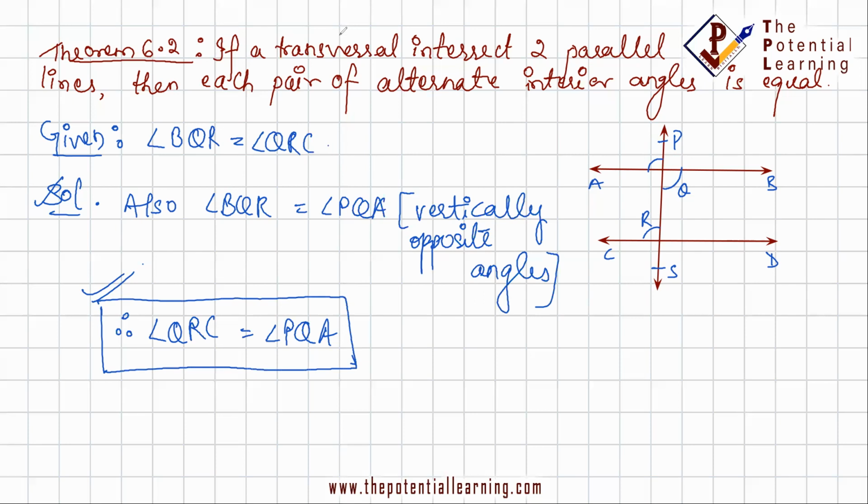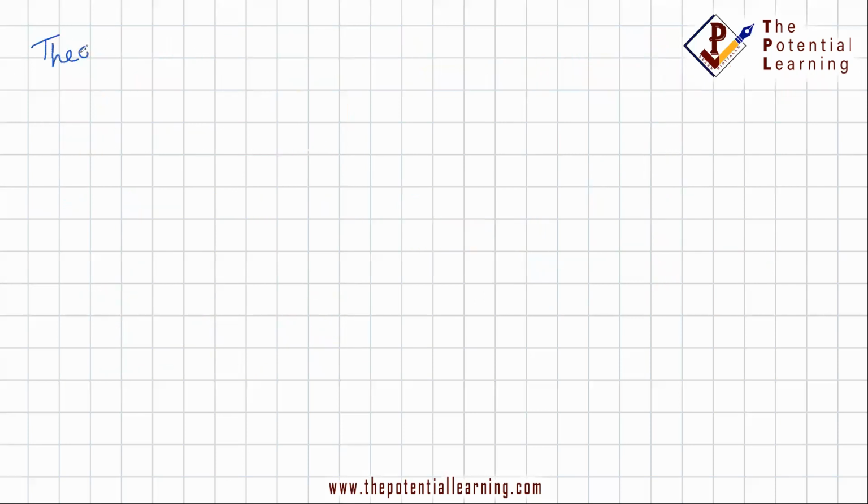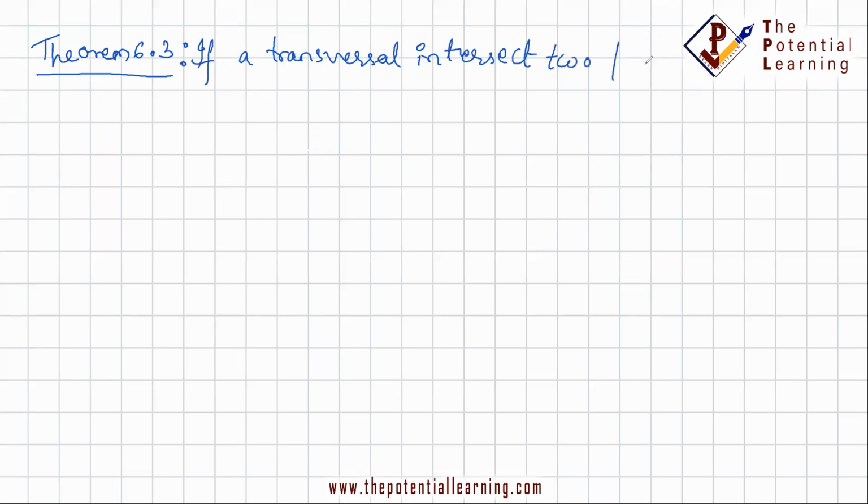Now with this reference we get other theorems also. So 6.3 is what? If a transversal intersects two parallel lines, this is the denotation for parallel, okay? Remember this. I'll be using it in many places.